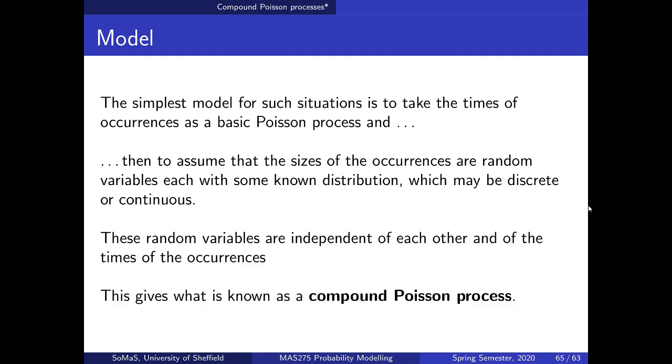So what you can do is take your times of occurrences to be your usual Poisson process, and then say that at each occurring event, you have an extra random variable. These have the same distribution and are independent of each other and of the time at which this happens. This is what we call a compound Poisson process.